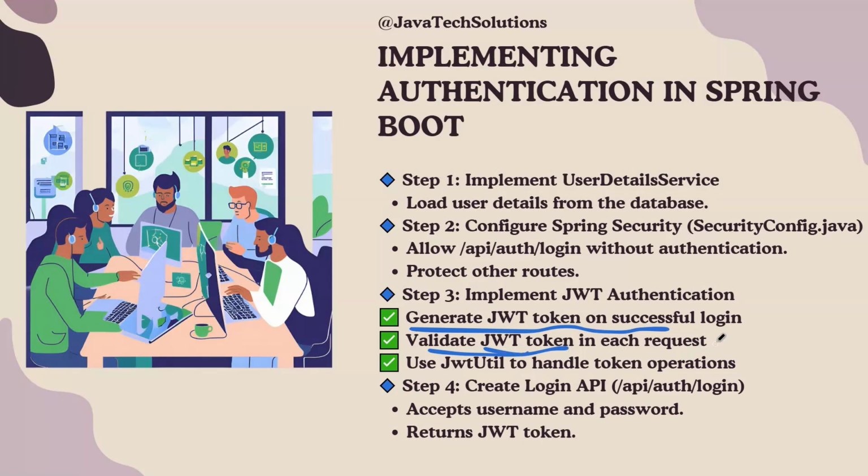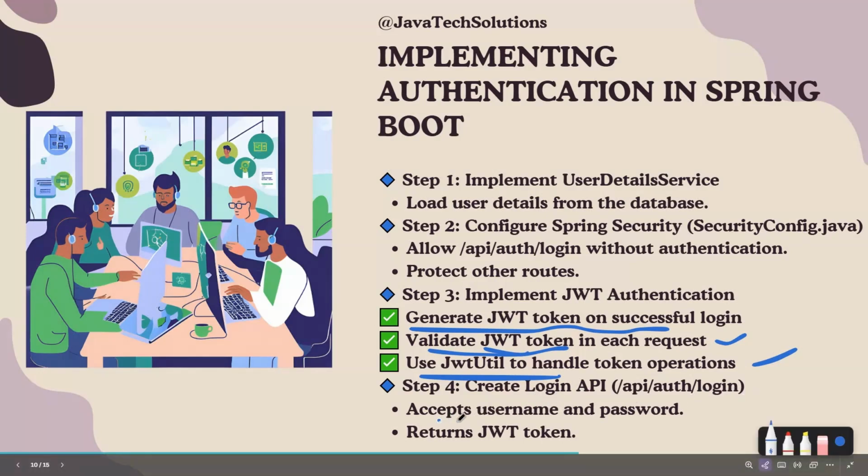This kind of validation we need to do whenever any request comes into our system. We are going to use JWT util to handle token related operations. And step 4 is we are going to create the login API, which will accept the username and password and return the JWT token in the successful response of the login. Okay.